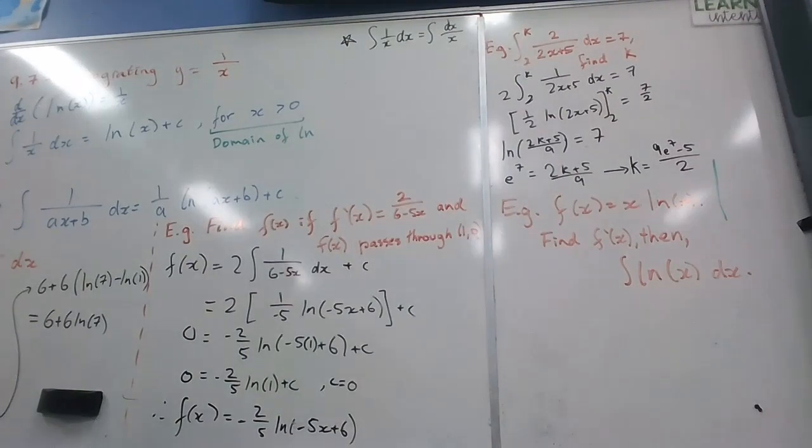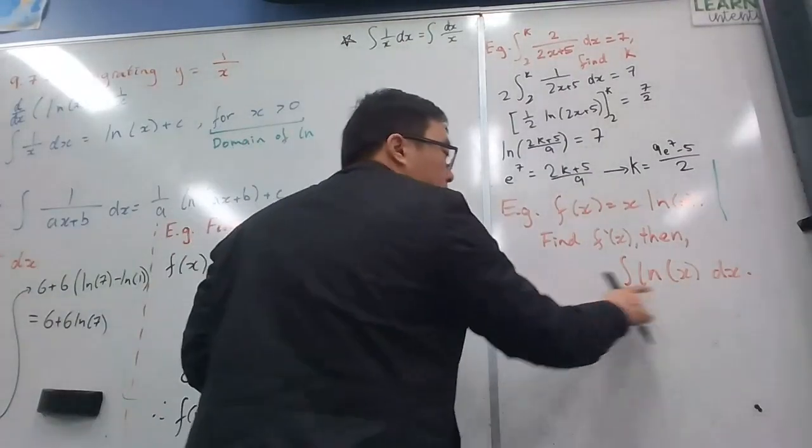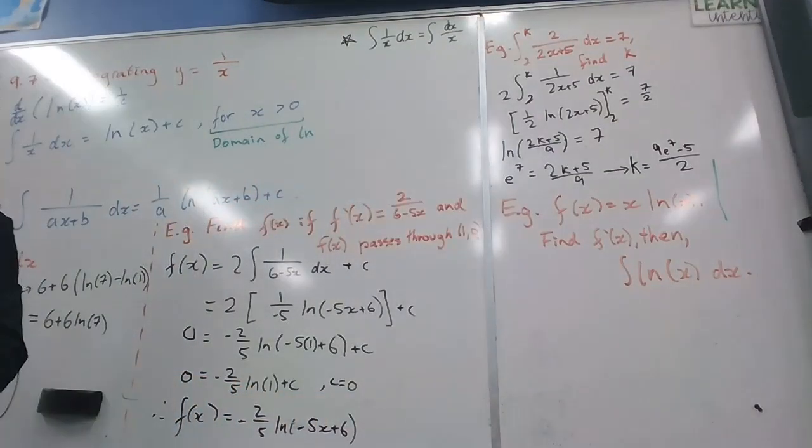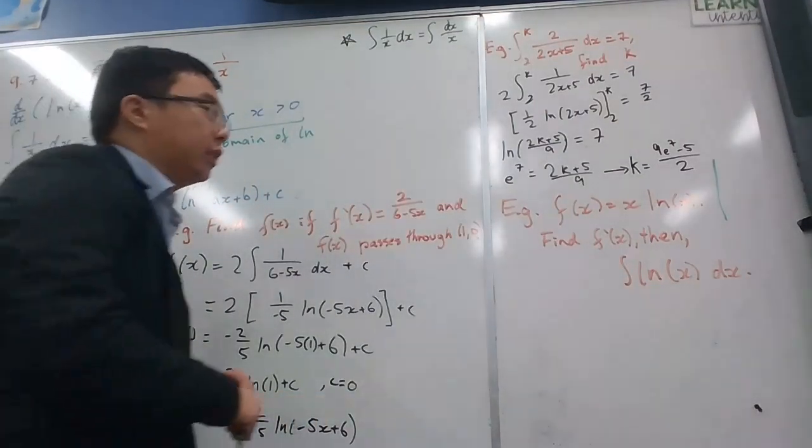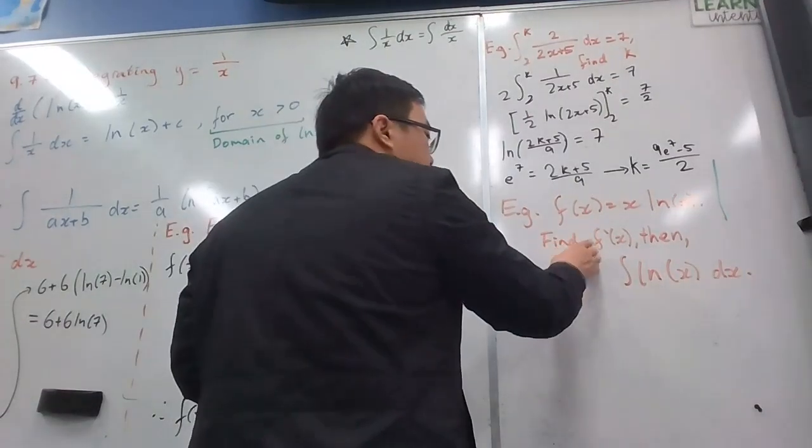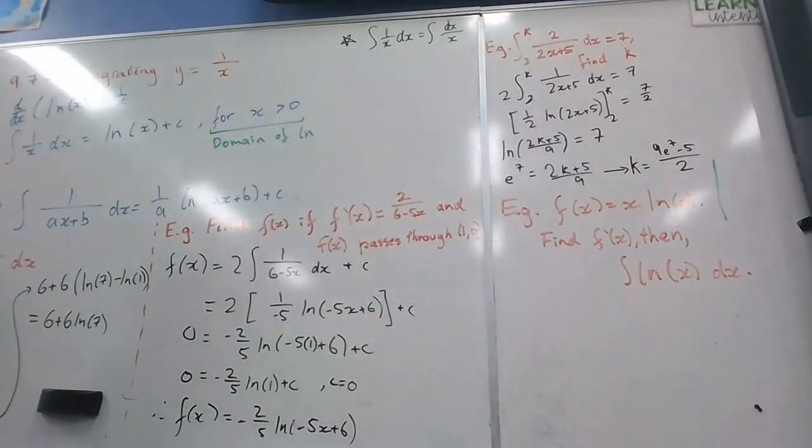Last example, this is a recognition question. It's more of a reminder, a refresher for recognition. The question really is f of x equals x multiplied by the natural logarithm of x. Find f dash of x, and then the antiderivative of ln x. So first off, finding the derivative of f of x. Now, in most cases, when you're doing integration by recognition, the question will tell you what to derive first.